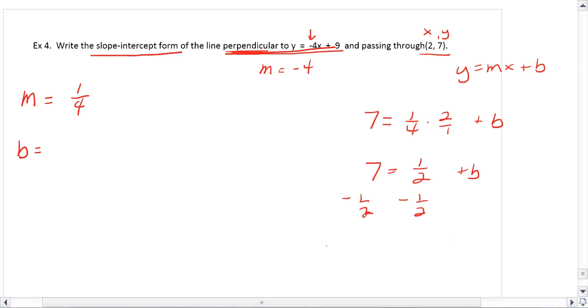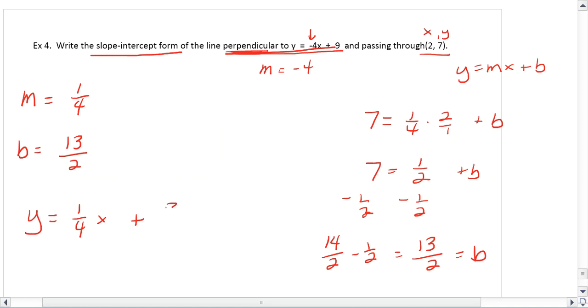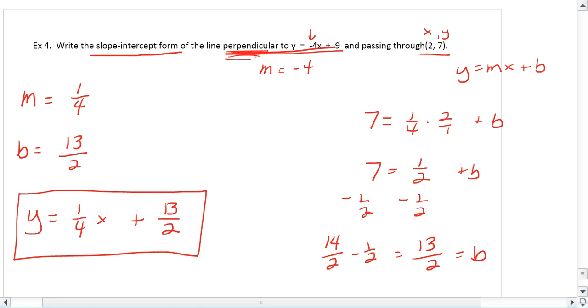So in common denominators, I have the 7 is 14/2 minus 1/2, and that gives me 13/2 for the b. And so now that I have both of these things, I can write it in slope-intercept form, 1/4 x plus 13/2. And there I have the equation of the line that's perpendicular to this one and goes through this point.